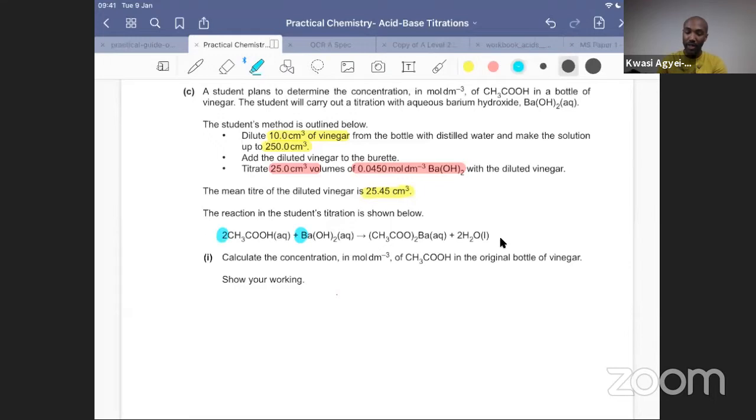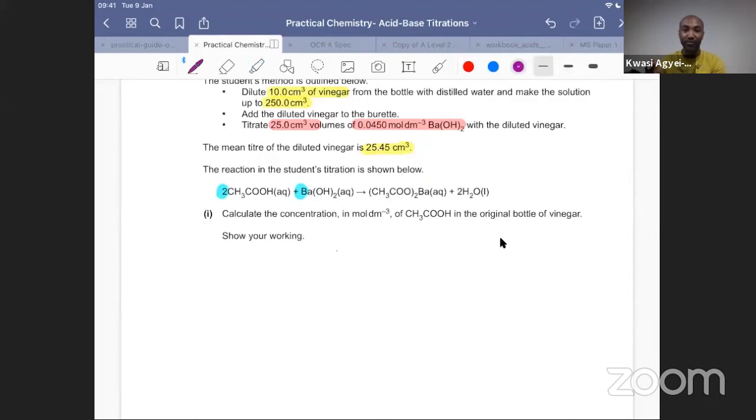So the first thing I'd do is to calculate the number of moles of the substance. I've got enough information to calculate the number of moles for it, and this is, of course, barium hydroxide, because we've got a volume for it and we've got a concentration for it. So moles of barium hydroxide is going to be equal to the concentration, which is 0.045, times the volume, which is 25 centimeters cubed, divided by 1,000, and that would give you the volume in decimeters cubed.